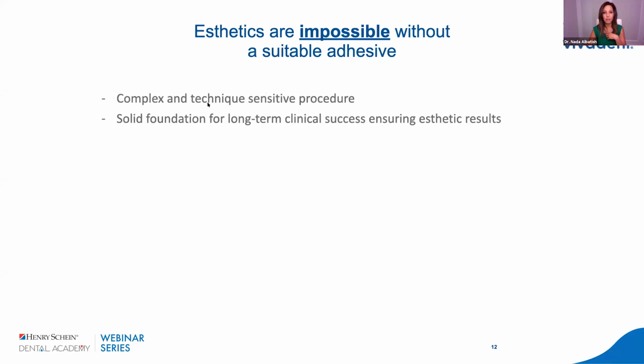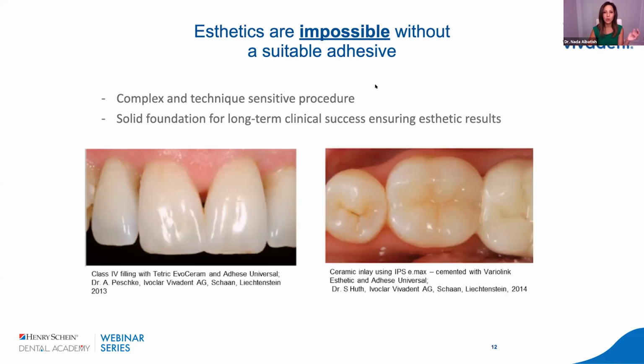You know, bonding adhesion is a technique-sensitive procedure, and it really creates a solid foundation for long-term clinical success for our restorations. So if you don't have a really good adhesive, you can have micro leakage. If you get micro leakage, besides opening the window for recurrent decay, secondary caries, and postoperative sensitivity, you can also get staining.